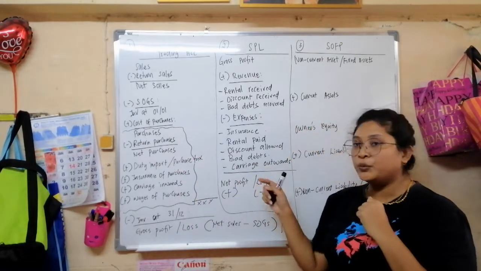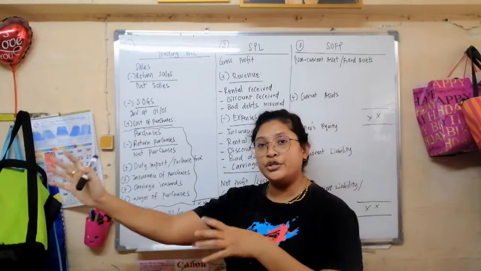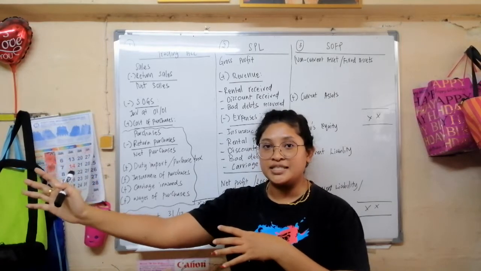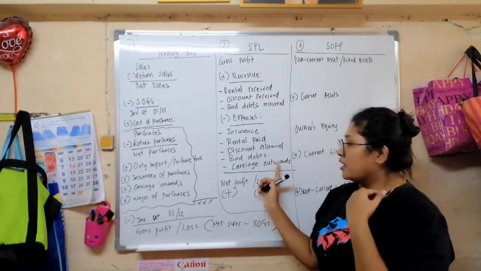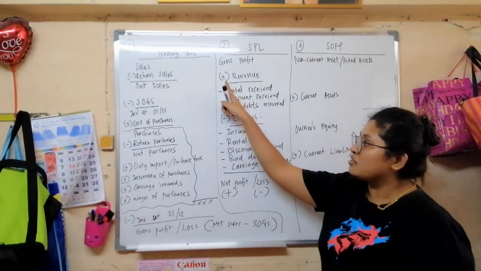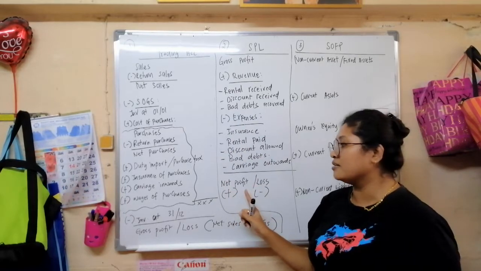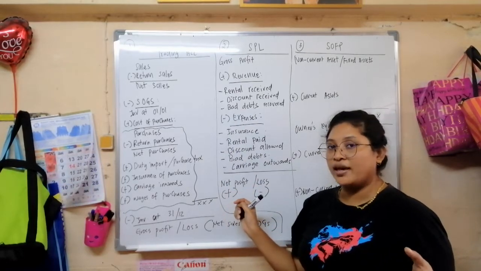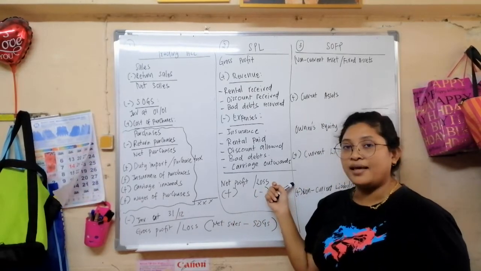But carriage outwards means you transfer goods out from your store to your purchaser or your receivable. So this is carriage outwards. When you add revenue and minus expenses, like I said, if your answer is positive, you get a net profit. If your answer is negative, you get a net loss.